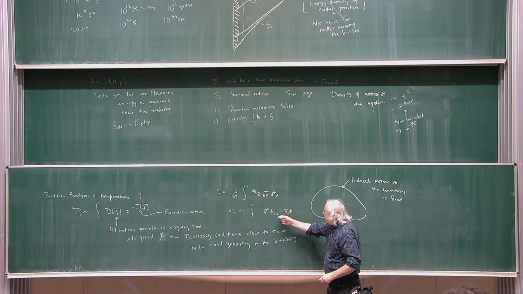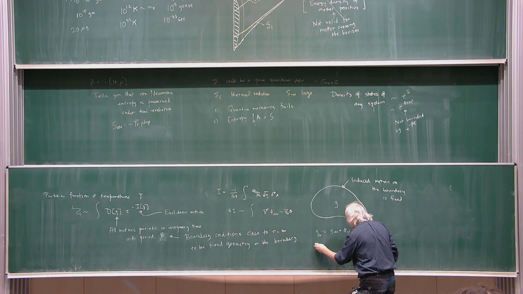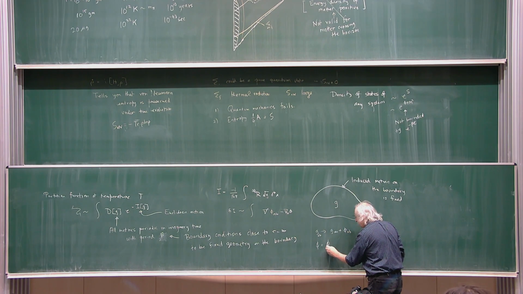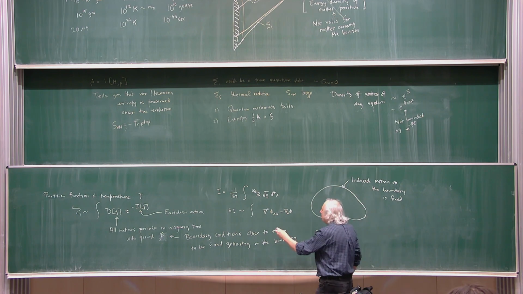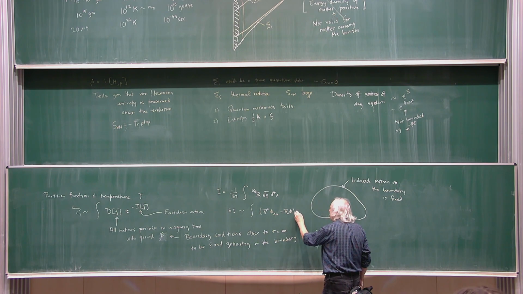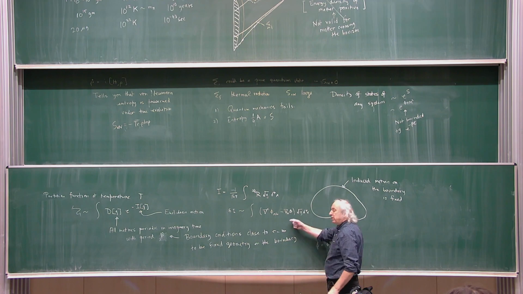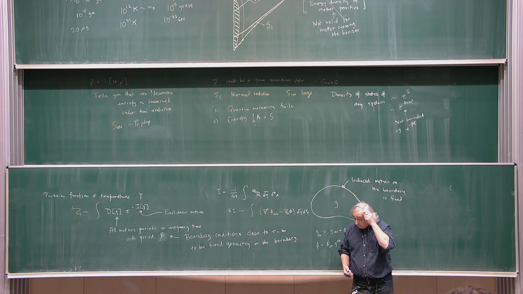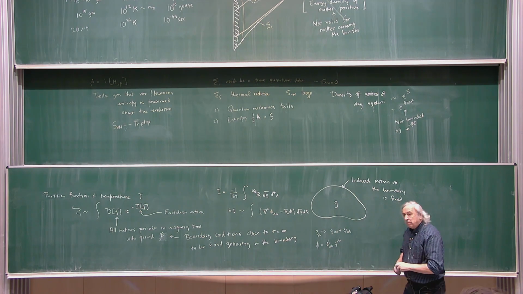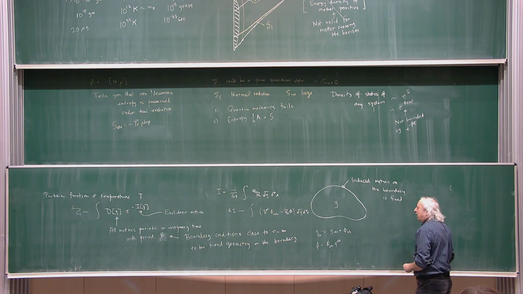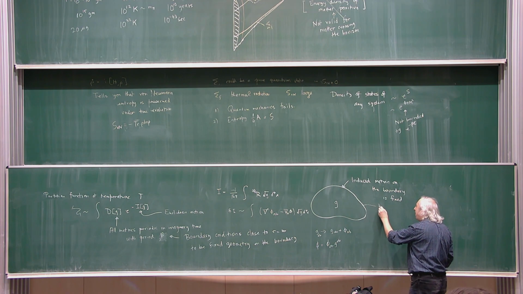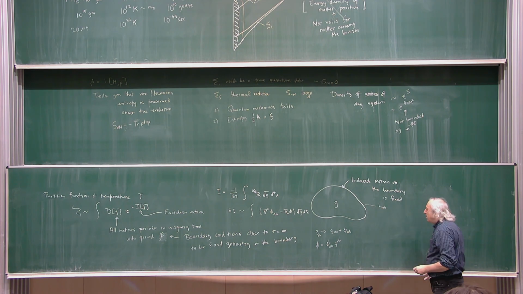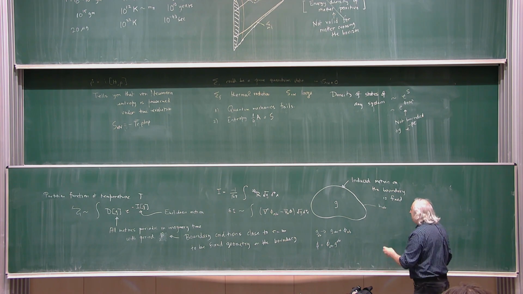That's the trace of this thing. And these will give me some kind of boundary terms. Those boundary terms will involve not only the induced metric on the boundary, which we'll call H_AB, but will also involve the normal to the boundary.